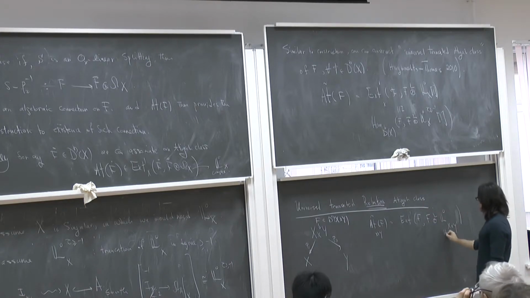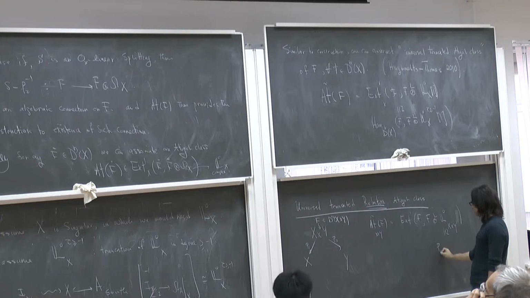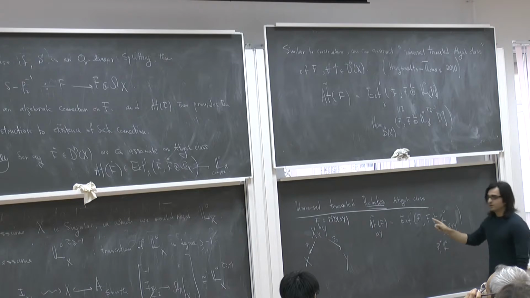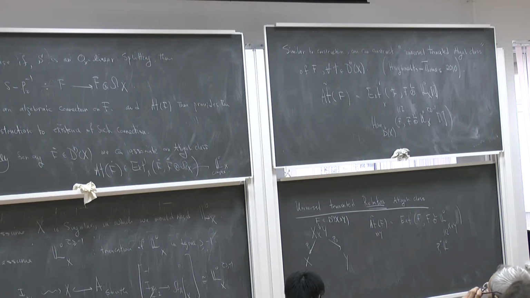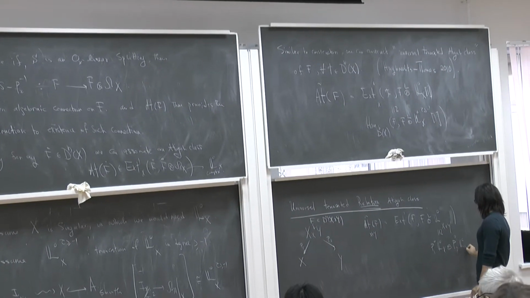Then the cotangent complex of X times Y is basically the direct sum of the pullbacks of the two cotangent complexes. Whenever I say cotangent complex from now on, I really mean the truncation of it.